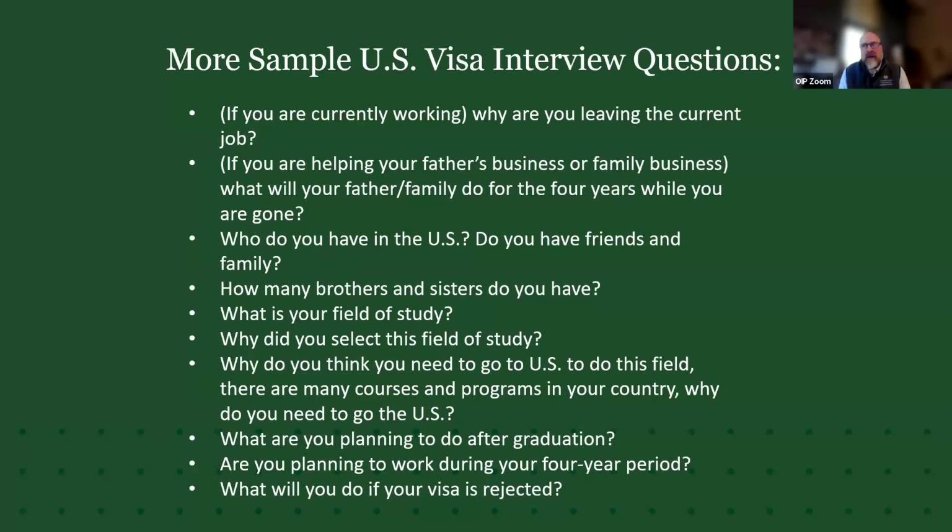Well, what should I say? There's nothing wrong with working on campus. Your visa category allows you to work up to 20 hours per week on campus, and so you can say, well, my main reason for coming to the United States is to attend classes and go to school, but the F1 visa allows me to work 20 hours per week on campus, so I might try to find a job on campus so I can get a pizza with my friends from time to time, or pay to wash my laundry, that kind of thing.